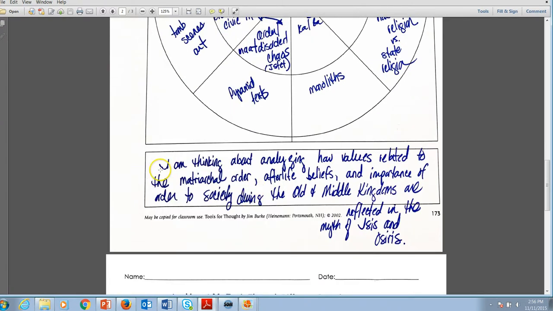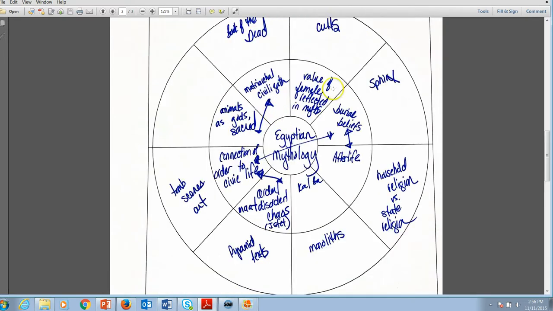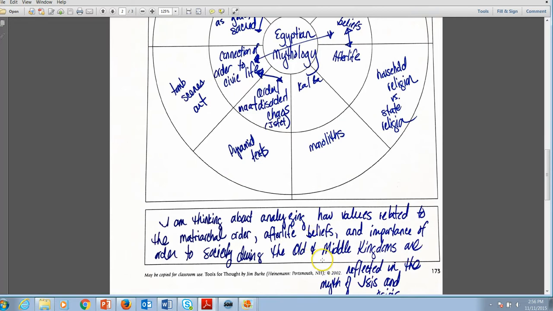So my reflection was I began thinking about analyzing how the values related to matriarchal order, the afterlife beliefs, and the importance of order to society during the Old and Middle Kingdoms were reflected in my myth story of Isis and Osiris. So again, putting the most important concepts here, making connections, the ones that are least important go out here.